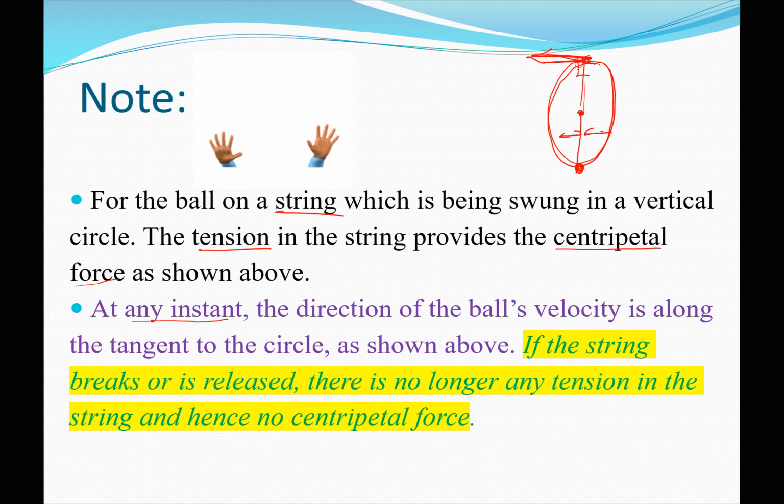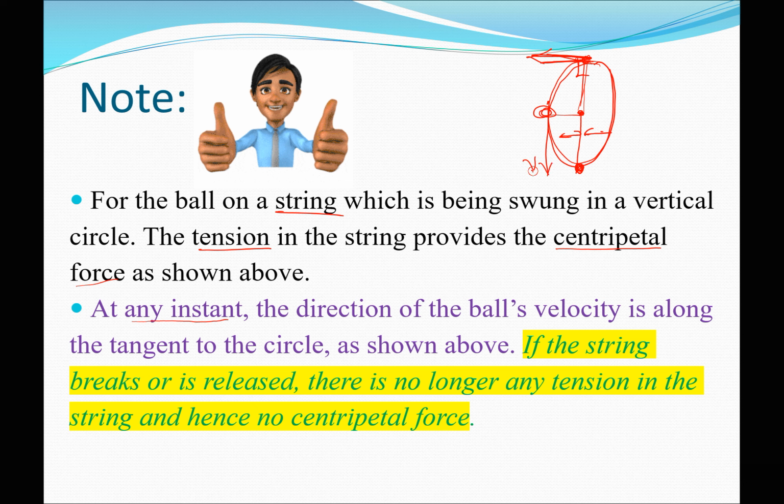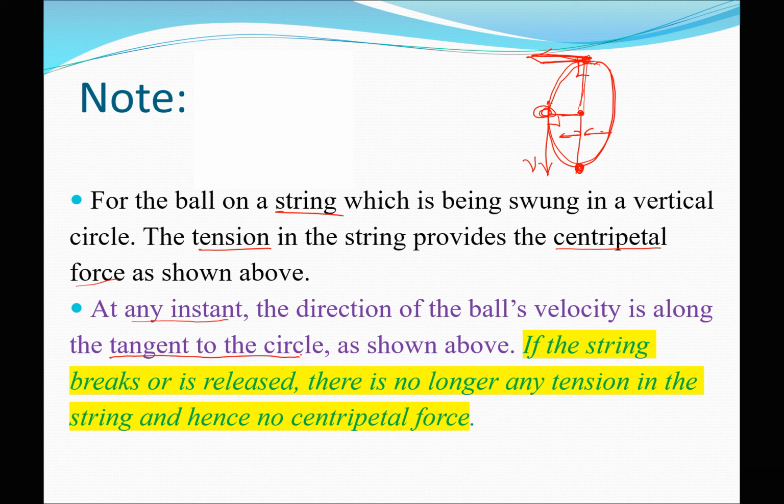In other words, it makes 90 degrees with the radius. If the ball is somewhere here, then the velocity is at a tangent to the radius. So at any instant, the direction of the ball's velocity is along a tangent to the circle, as shown above, or as we have seen in the previous slide.